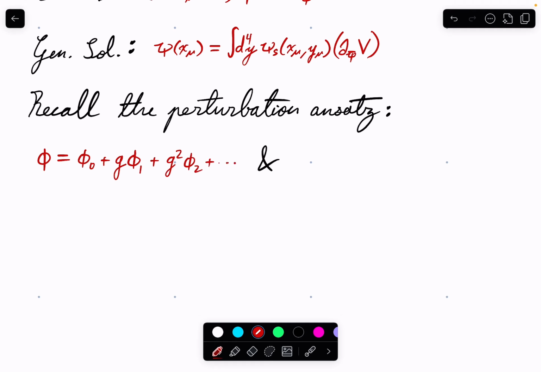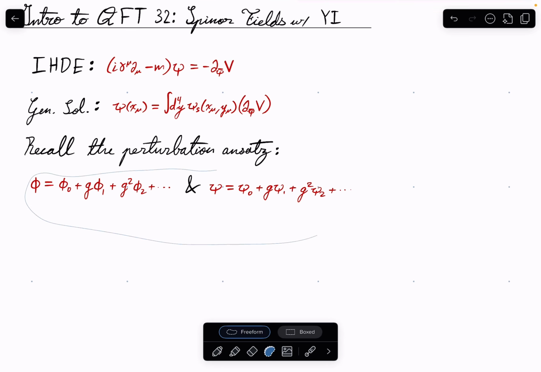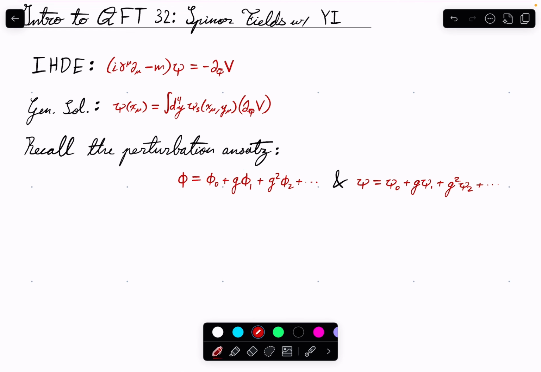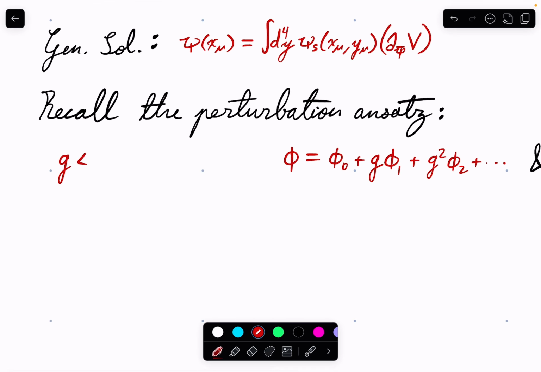And you also have this same thing for the spinor. So you have free field spinor, G, C1 plus G squared, C2, and so forth. And recall that this is only true when you have G less than 1. And of course, the closer to 1 that G is, the more and more terms you'll have to include in this summation.